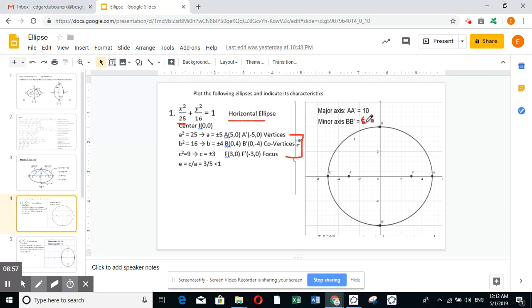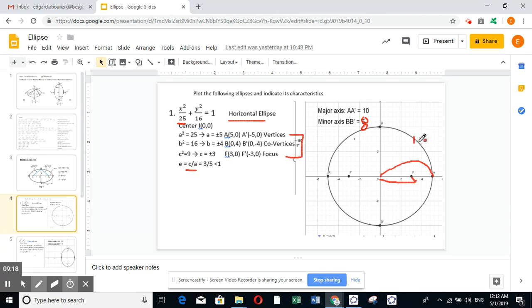And now we still have to talk about the eccentricity. Eccentricity is always the ratio between c and a, because here this is c as we said, and this is a. Since c is smaller than a, c over a, in an ellipse the eccentricity is always less than 1.